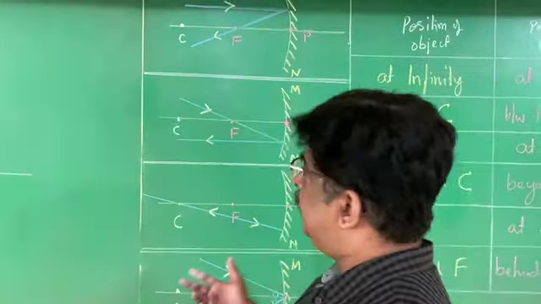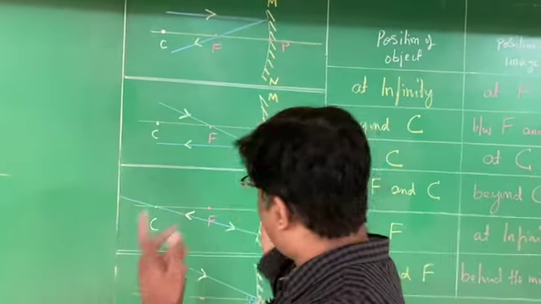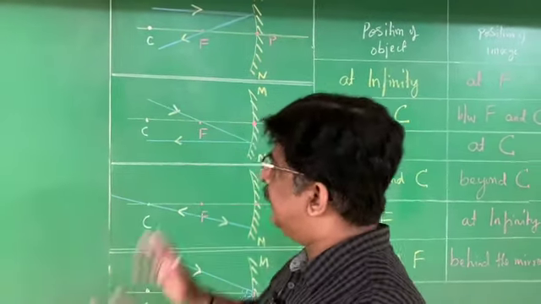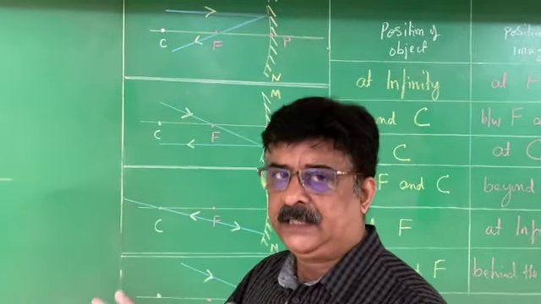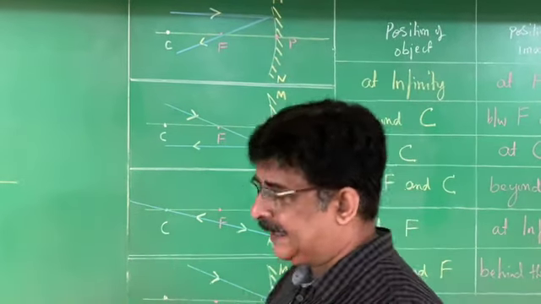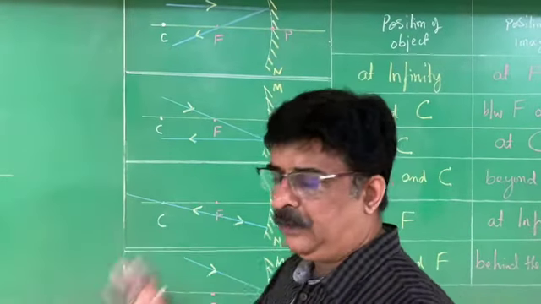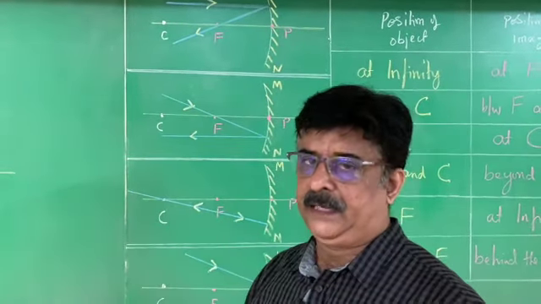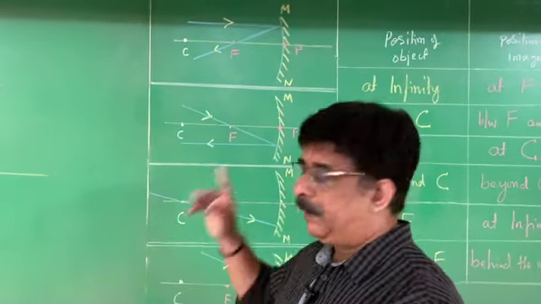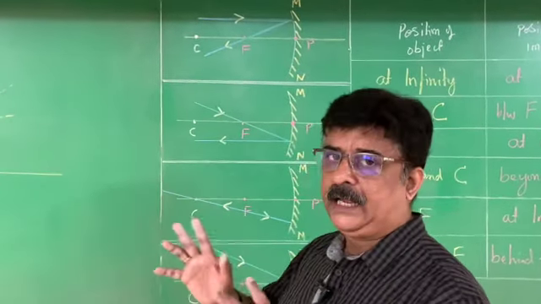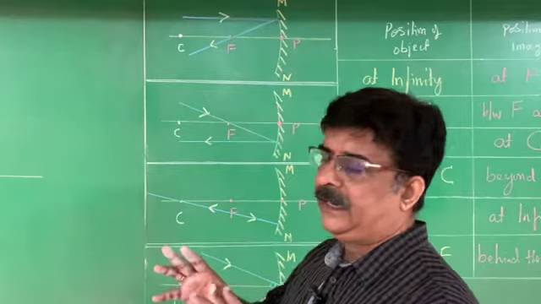Which are the 2 conditions to be selected? Any 2 conditions can be selected, but in the textbook some conditions are selected. It is better to practice the conditions selected in the textbook. Why? Because we are going to write the public examination, and it is an important part. By practicing only, you can get the skill of writing the ray diagram.